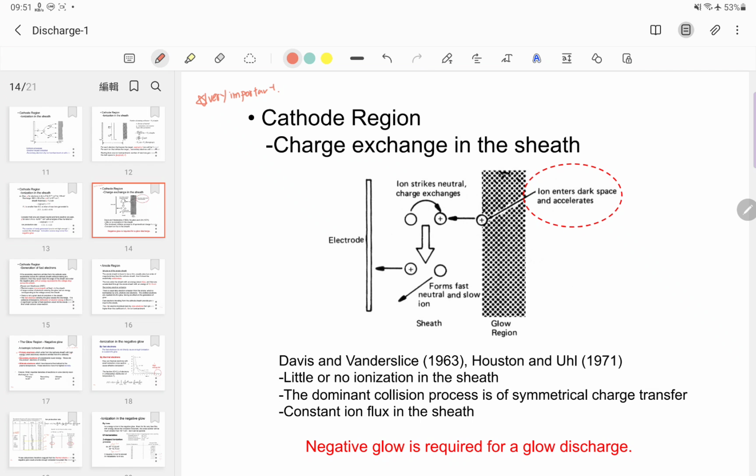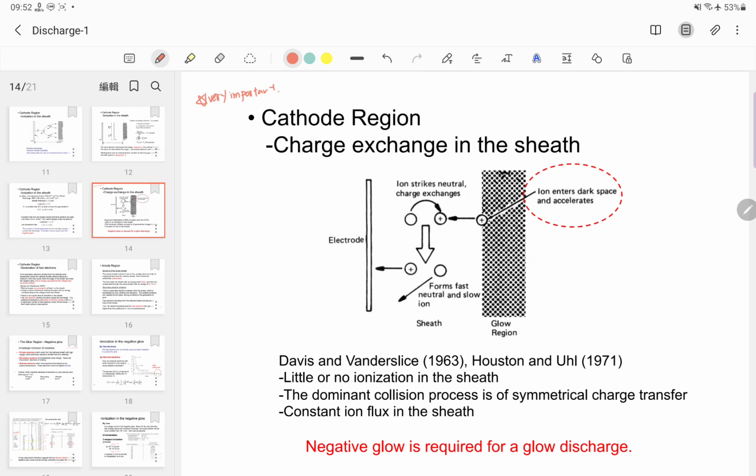So the cation from the negative glow becomes very important. Eventually this cation undergoes replacement reactions and reaches the surface of the cathode with very high energy. This high energy cation bombards the cathode surface and causes secondary electron emission, and this process keeps going and going.